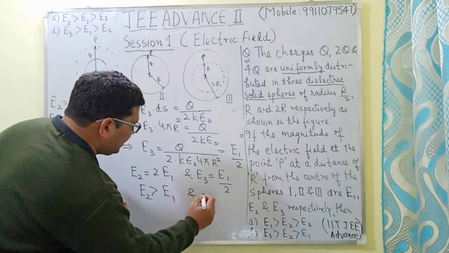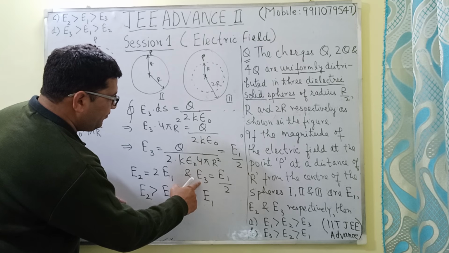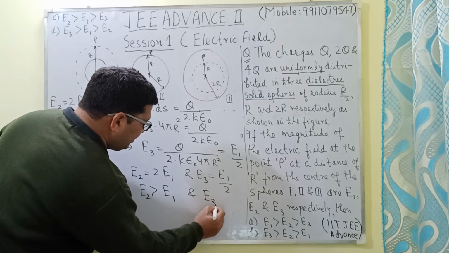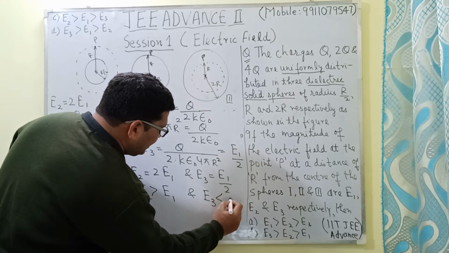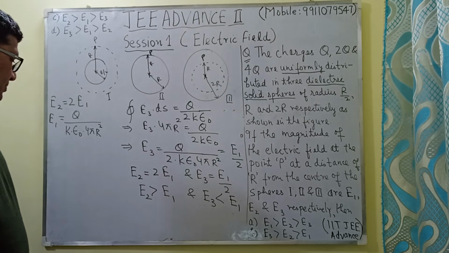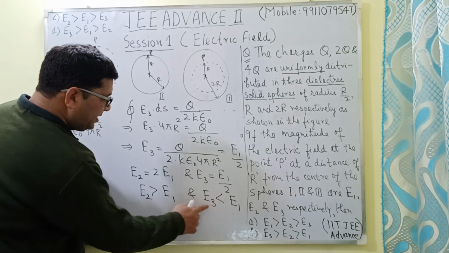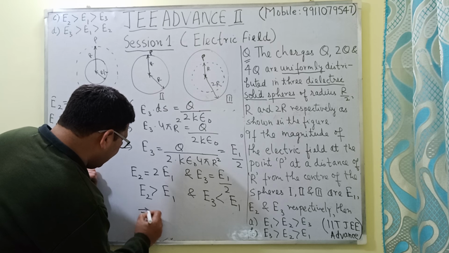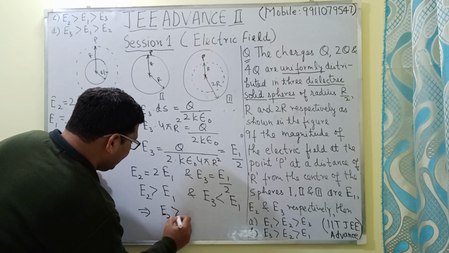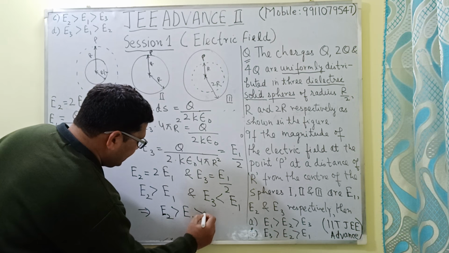And E3 is equal to E1 divided by 2, so E3 is less than E1. Now from these two relations, E2 is greater than E1 and E1 is greater than E3.